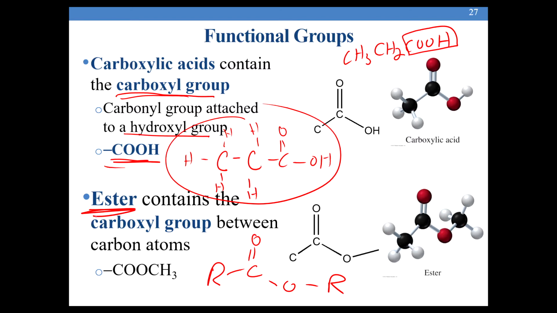So it also contains the carbonyl group, excuse me. It is often abbreviated like this, COOCH3, if, for example, this was CH3, okay? I mention that because organic chemists use these kinds of abbreviations when you're doing shorthand condensed formulas, okay?